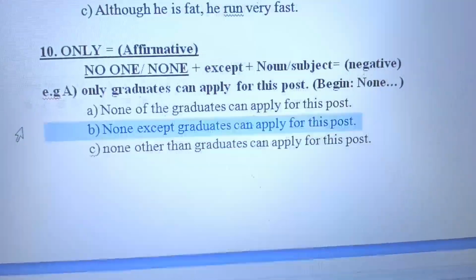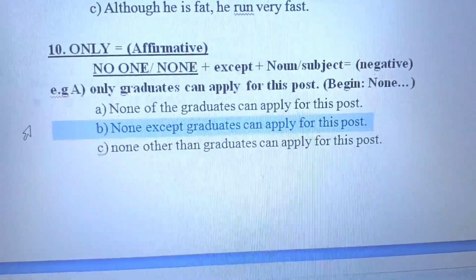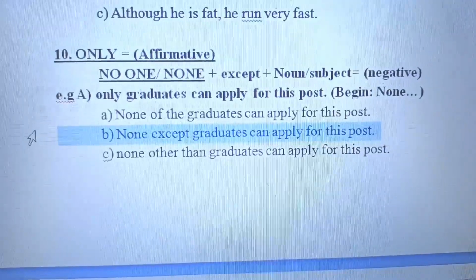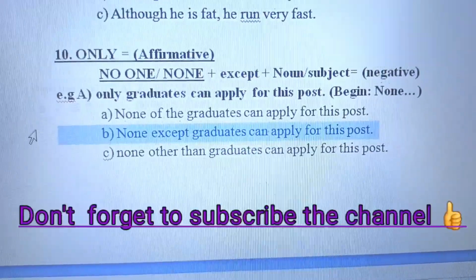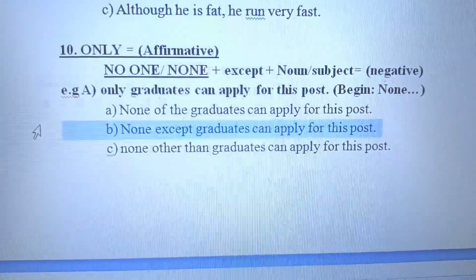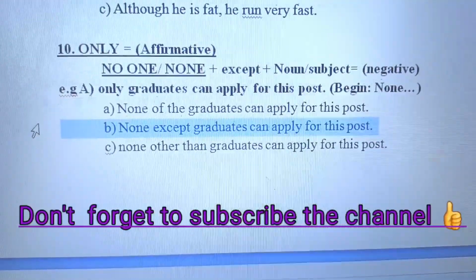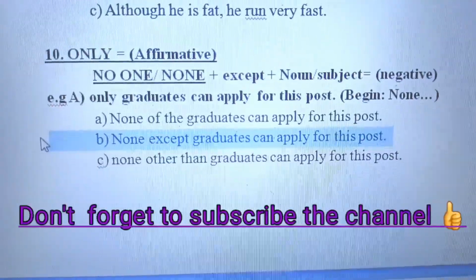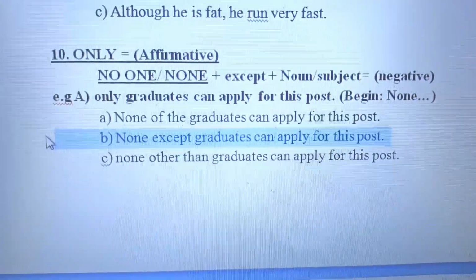So let's see the first option. None of the graduates can apply for this post. This sentence is wrong, because you have seen that when we make a negative sentence, it has to be followed by none plus except, then a noun subject should be there. It's option B, none except graduates can apply for this post.